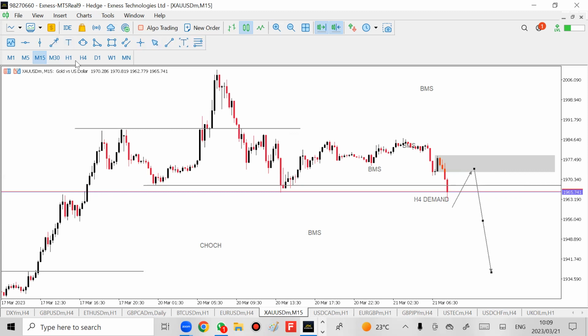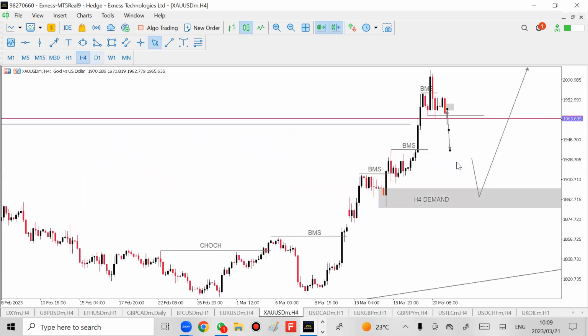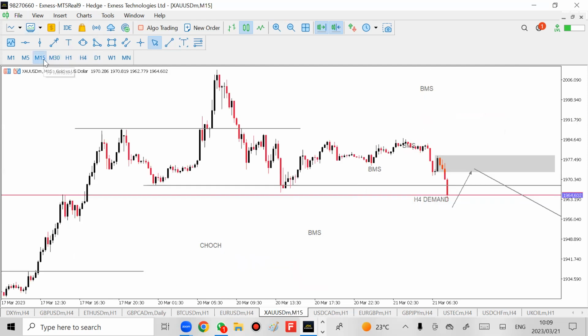So when you're selling, you can still go to 4 hours. You know that your overall target is gonna be on the H4 order block. But if you don't want to be waiting for this overall target, you can go to 15 minutes. If you want to be taking partials, what would you do?